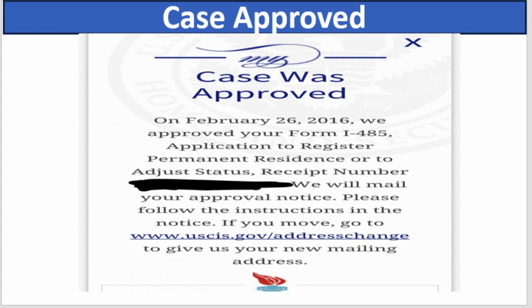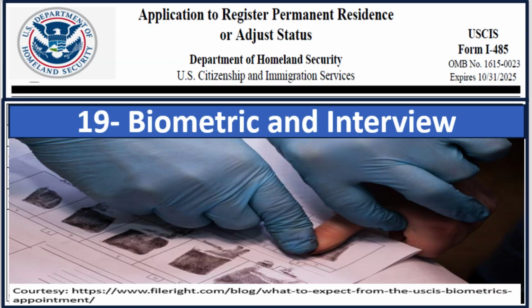When the case is approved, or even before it's approved, USCIS will email you an appointment notice for a biometric screening, because they will need the data to perform a background check and create your green card. So they will collect fingerprints, photographs, and other information.